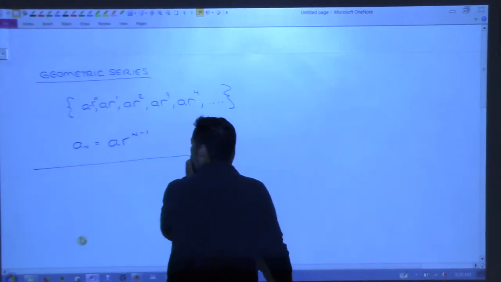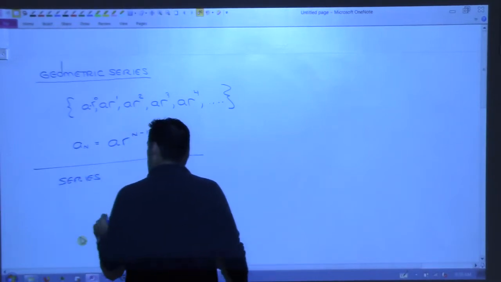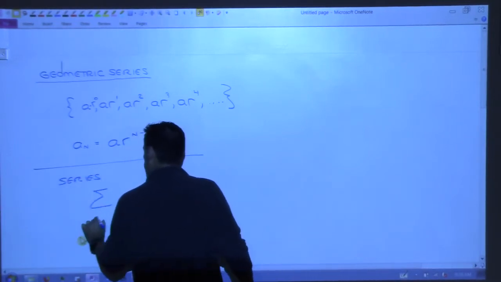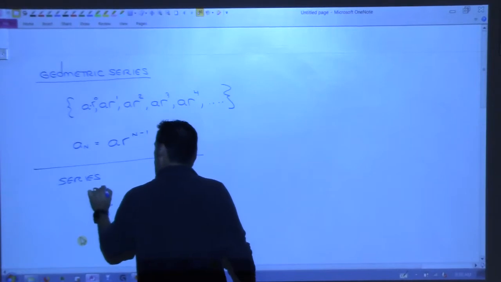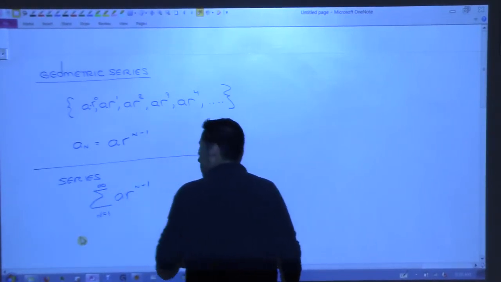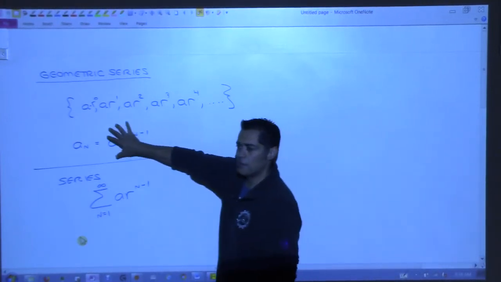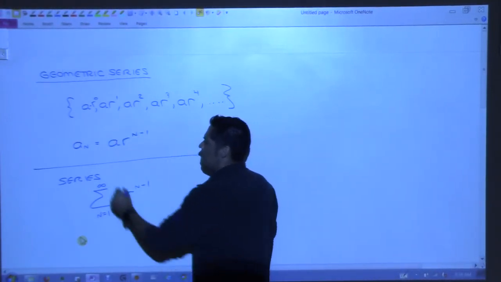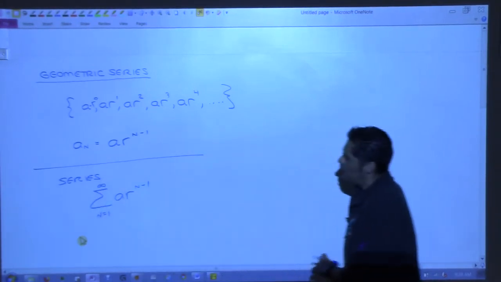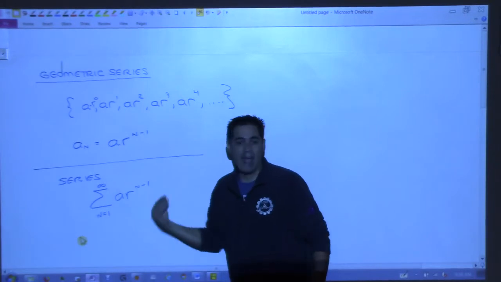Now, let's take a look at the series for this sequence. The series is the sum as n equals 1 to infinity of ar to the n minus 1. Take that sequence right there and start adding them up.